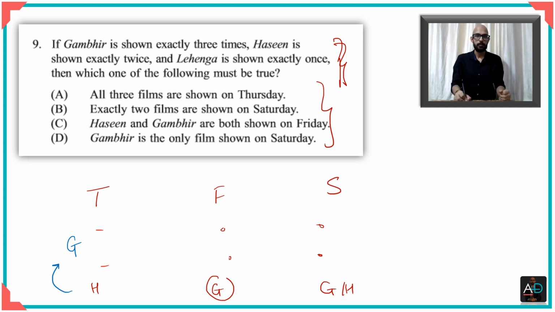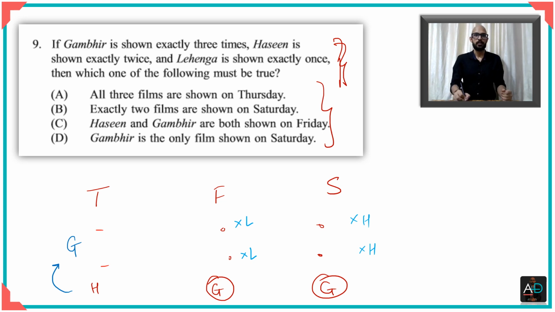Also, if Gambhir is here, it means that lehenga is not shown that day. So these 2 positions cannot be lehenga. They could be Haseen, but they cannot be lehenga. Likewise, if Gambhir has to be shown on Saturday, it means it will be shown in the last position here. And then these 2 positions cannot be Haseen.